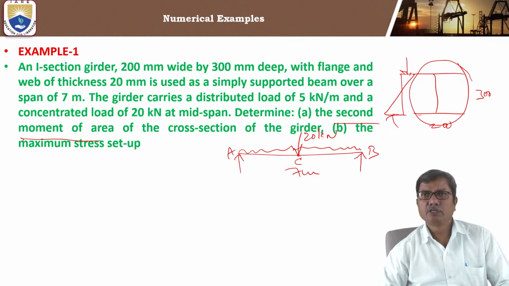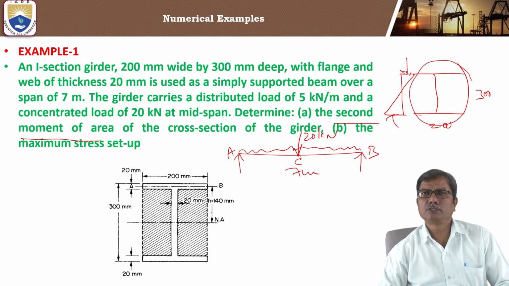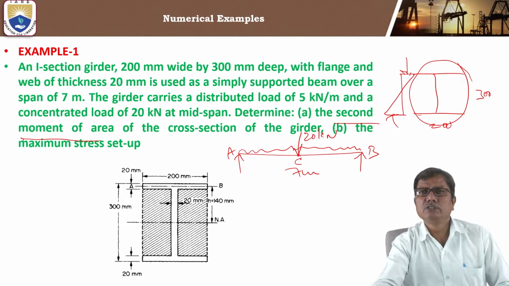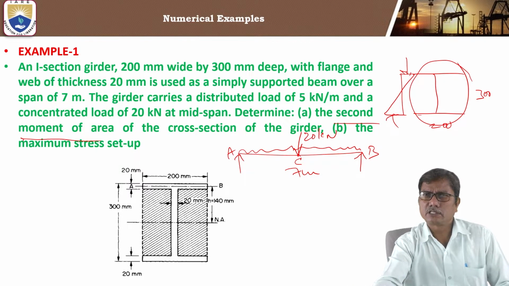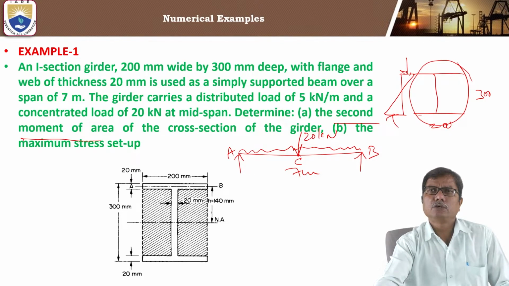Now observe this figure. The total depth is 300 mm and the width is 200 mm, where the total depth includes the flange thickness.